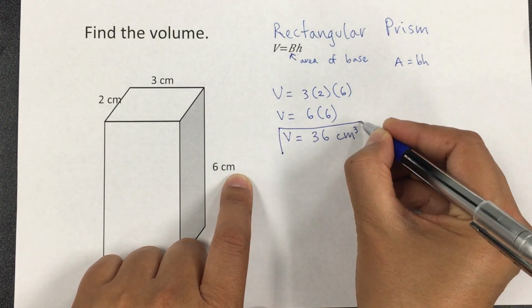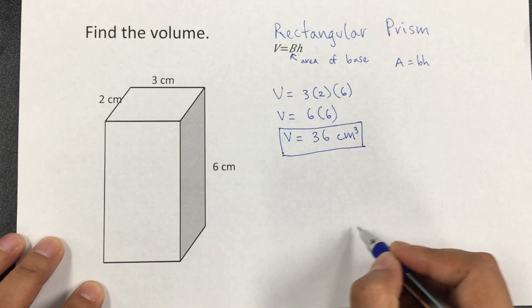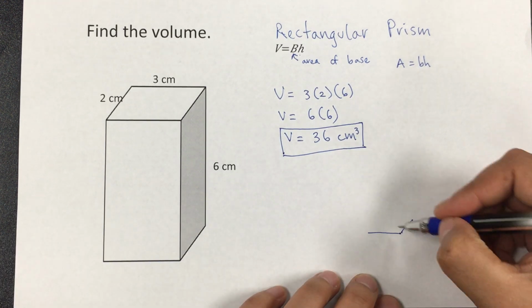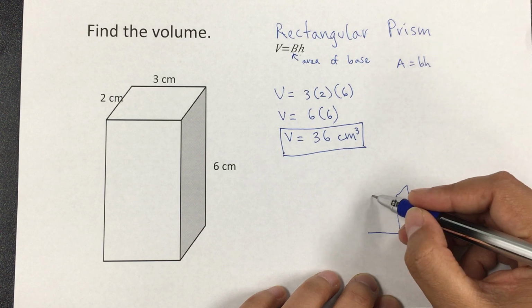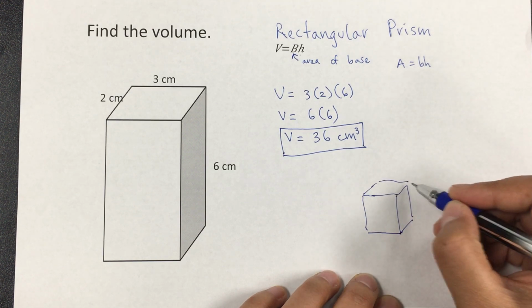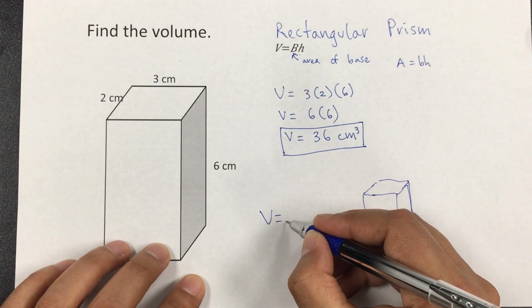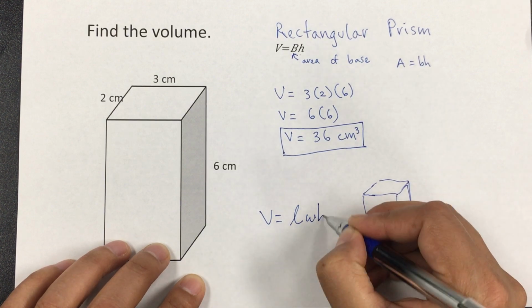The reason it is cubic is because it has 3 dimensions: it has length, it has width, and it has height. Those are the 3 dimensions that we're including. In fact, some people see the volume as length times width times height.